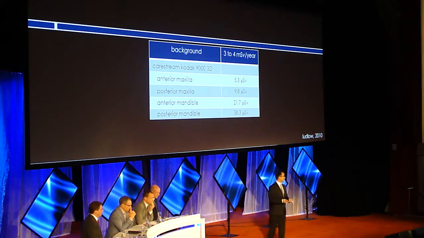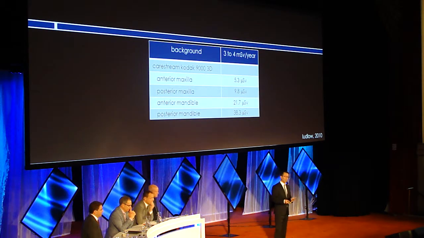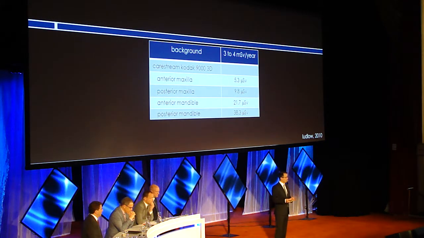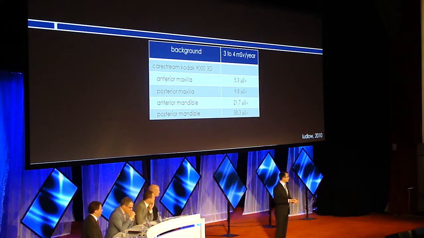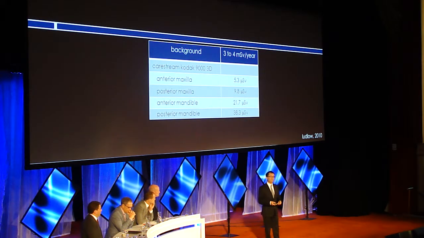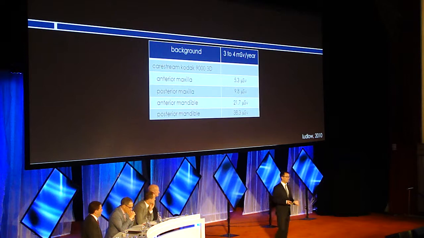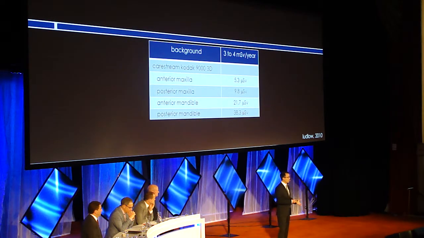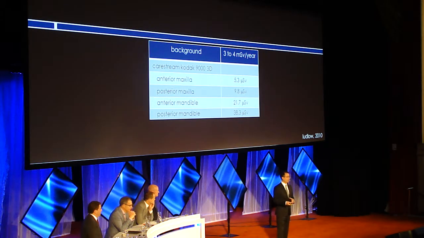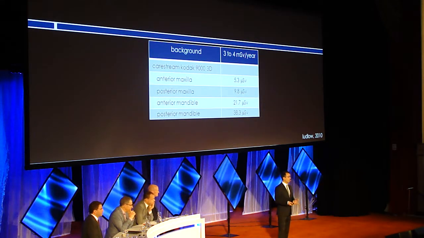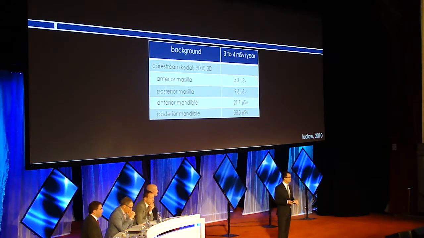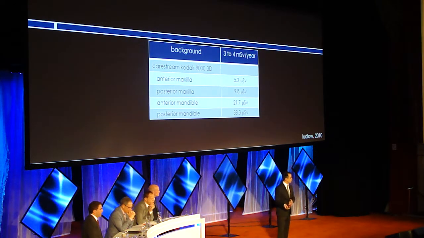You'll notice that there is a variation depending on where you're located in the arch, because different areas contain different radiation-sensitive tissues. So in areas like the anterior maxilla, where there's not very much radiosensitive tissue, the calculated dose is lower. But in areas like the posterior mandible, where you may capture part of the submandibular salivary gland, which is one of the more highly radiation-sensitive tissues, the calculated dose is higher.